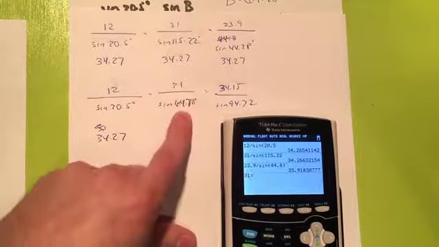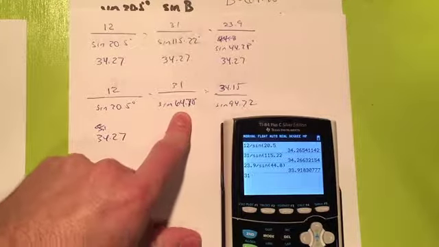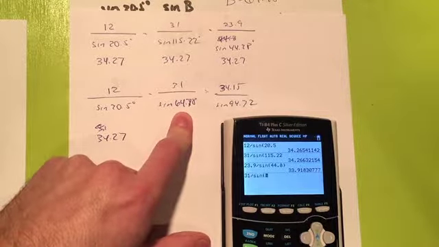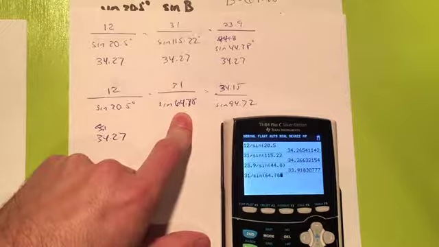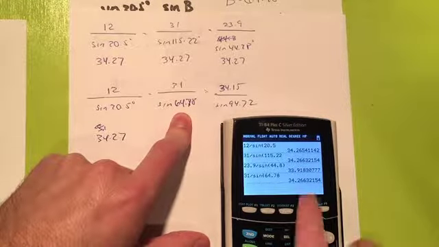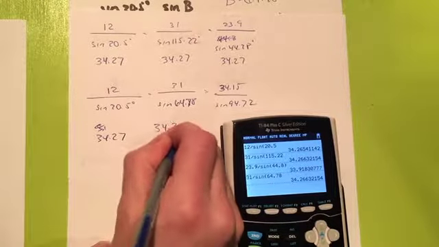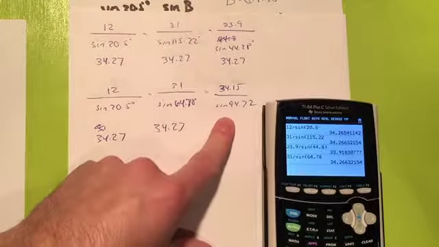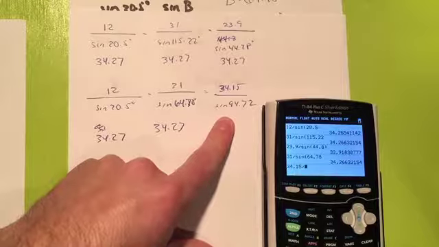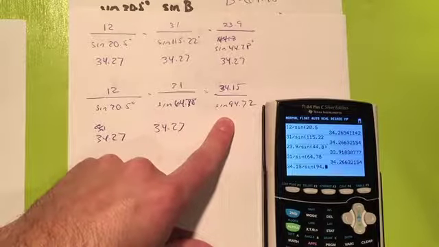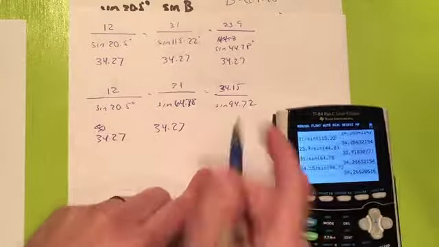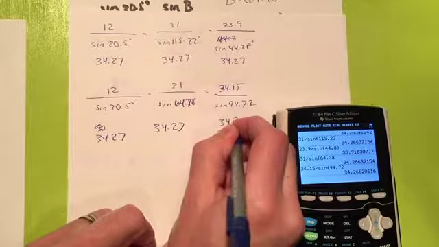We've got a different angle, but 31 divided by sine of 64.78 is the same, 34.27. And 34.15 divided by sine of 94.72 is 34.27.